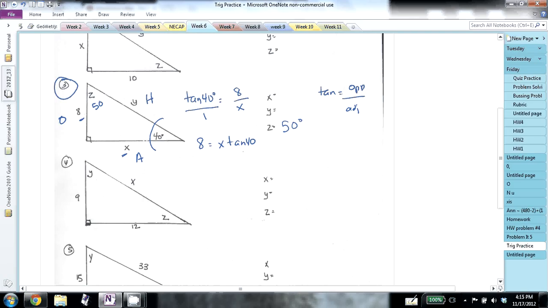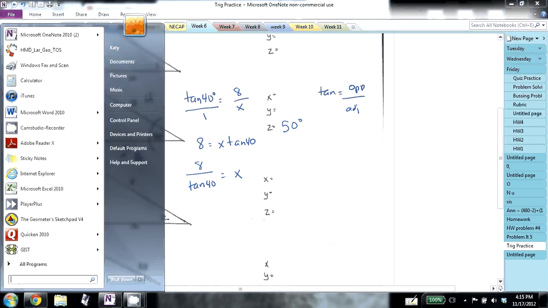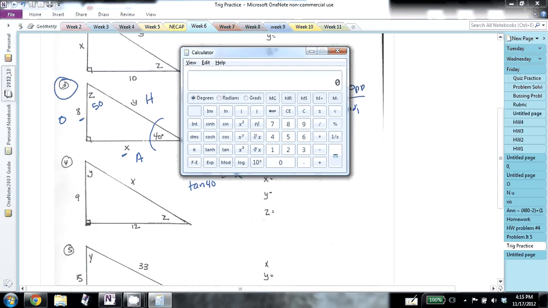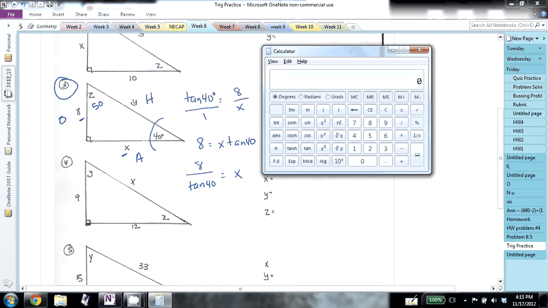Then I'm going to divide both sides by the tangent of 40, so 8 divided by tangent of 40 will leave me with X alone on the right-hand side. And then that will just go into my calculator. Now my calculator, I have to figure out what the tangent is first, and then I'll be able to multiply it times 8.